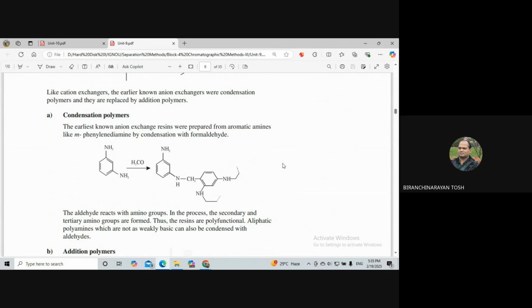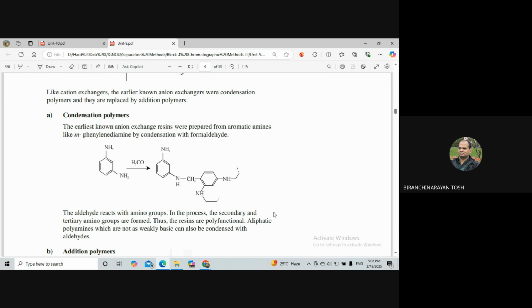which is formed from metaphenylene diamine by condensation with formaldehyde. Metaphenylene diamine condensation with formaldehyde. So NH2, CH2, again another compound. So there will be cross-linking here because this main chain will proceed here.